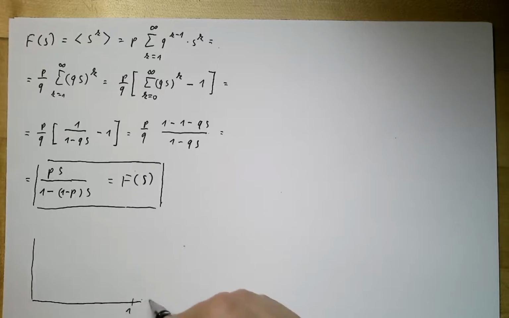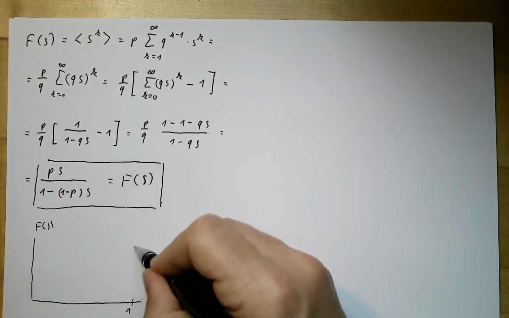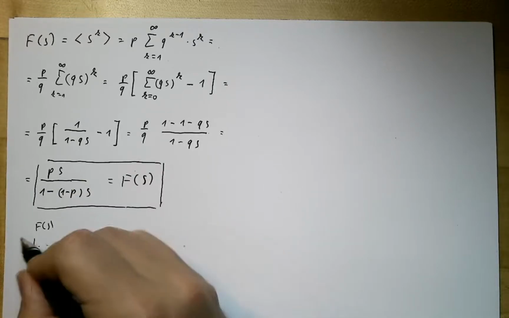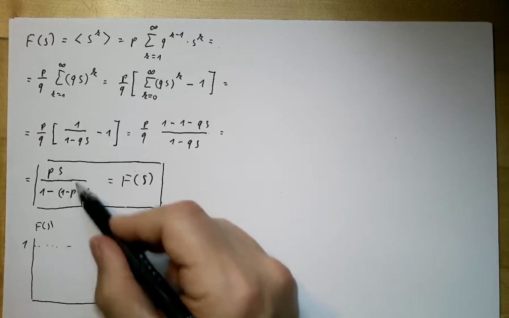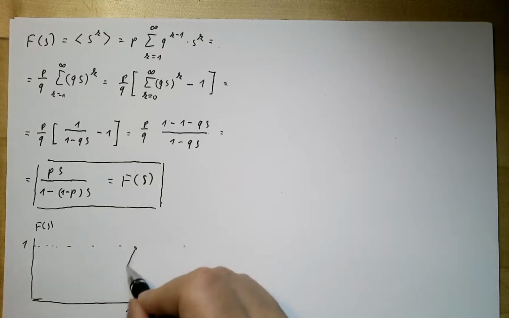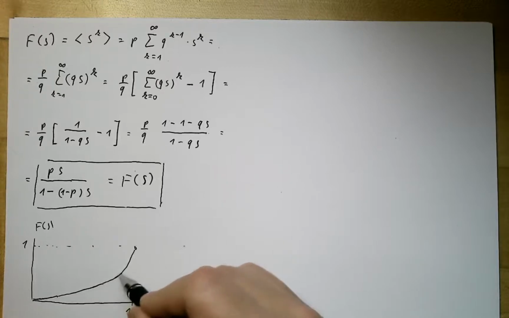Again, we have s and f of s. This is a function which must go to 1. And if you plot this function, of course it depends on the parameter p, but basically it's a function which looks like this.